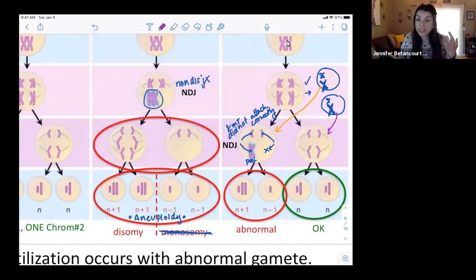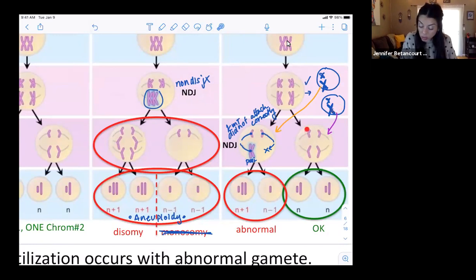Again, just reinforcing this idea that just because non-disjunction happens to one cell or to one chromosome, doesn't mean all of the chromosomes are undergoing non-disjunction. It doesn't mean that all of the cells are undergoing non-disjunction, right? It just so happened that this cell experienced non-disjunction. This cell went around its merry business and did meiosis properly.